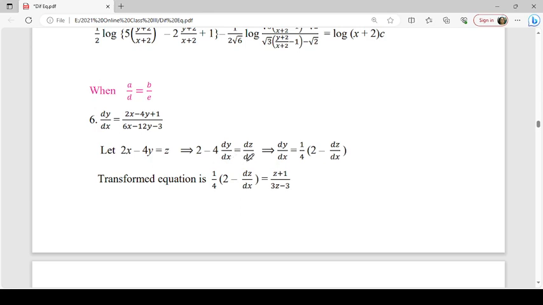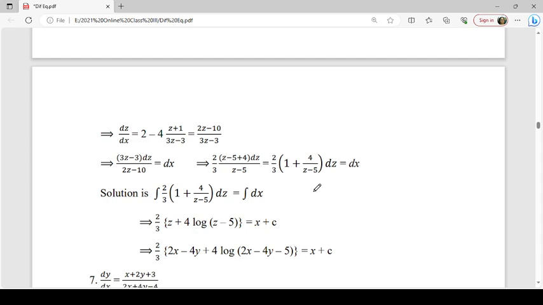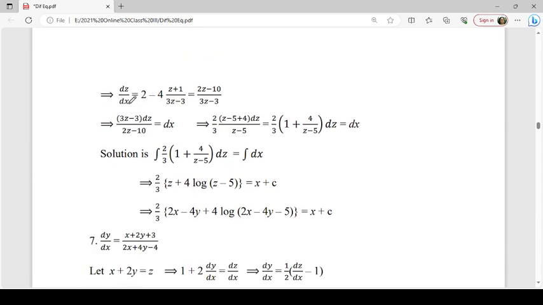We have to substitute dy/dx in terms of z. After simplification, dy/dx is 1 by 4 times 2 minus dz/dx, and in place of dy/dx we write dz/dx, and the right hand side is this one. Then after simplification we get dz/dx with the right hand side a function of z.